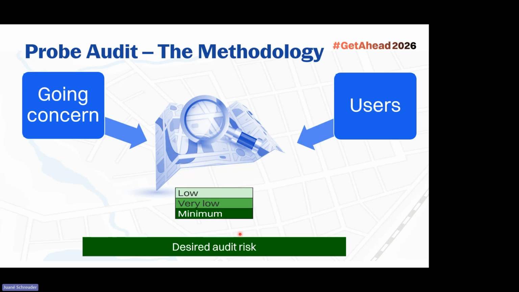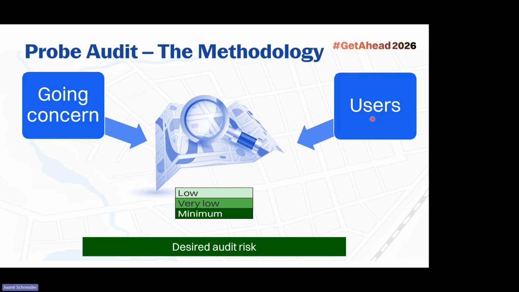In the Probe methodology, we determine that by considering the initial or planning risk of going concern being appropriate, and by looking at whether the external users, so not just any users, are indicating to us that they are specifically going to rely on our opinion. In other words, we carry more risk by the fact that they want to use or rely on our opinion.